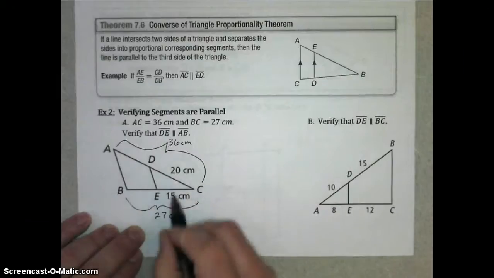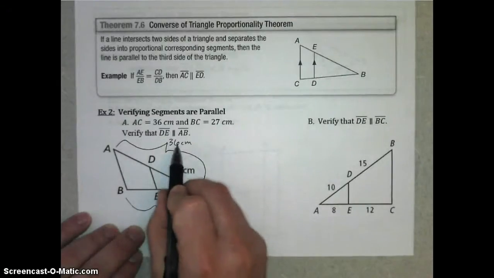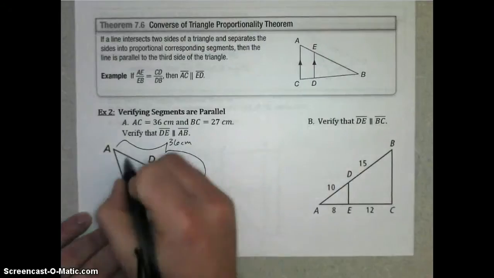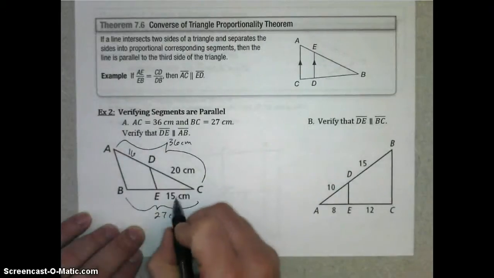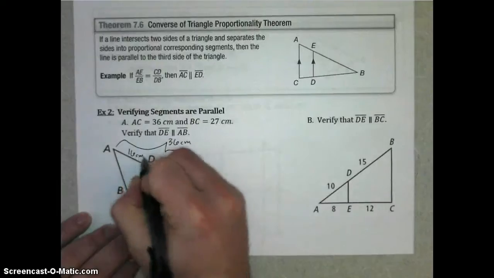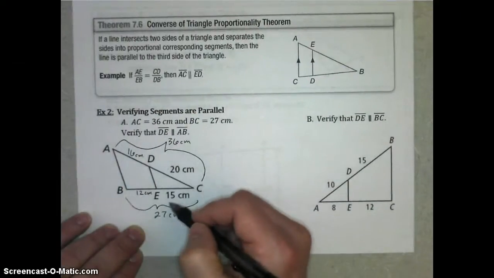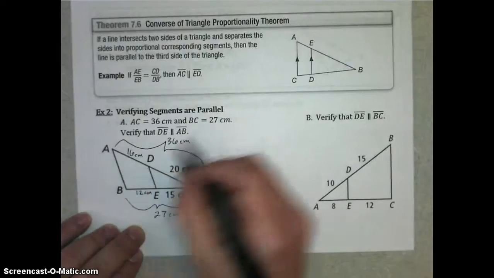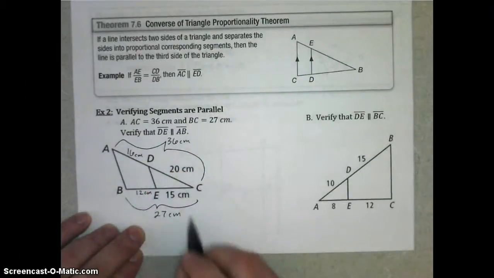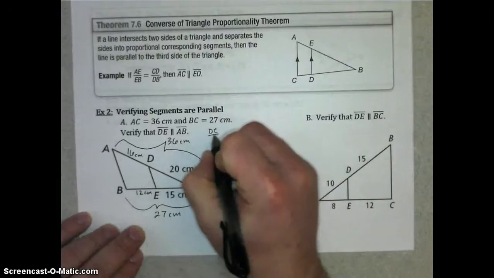So we can find these other two segments by just doing subtraction. 36 minus 20 is 16, and 27 minus 15 is 12. So if these are proportional to these, then these have to be parallel by the converse of the triangle proportionality theorem. So let's try that. Let's try our ratio for DC to DA.